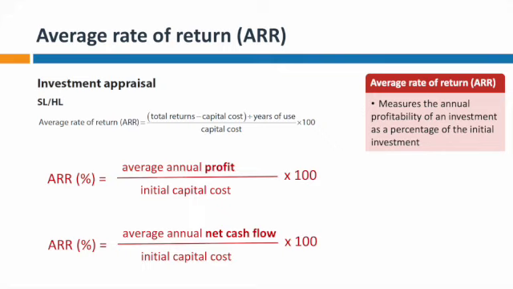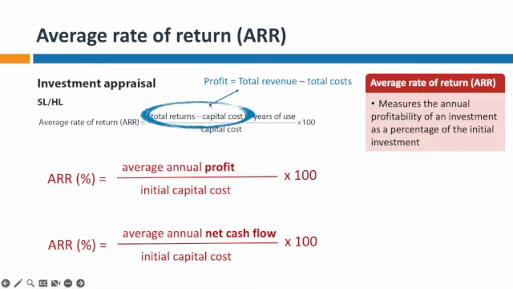So what is the relationship between the two? They all show the same thing. If you think about the formula for profit, how do we calculate profit? Profit is total revenue minus total costs. So this is essentially what is shown here, at the beginning.